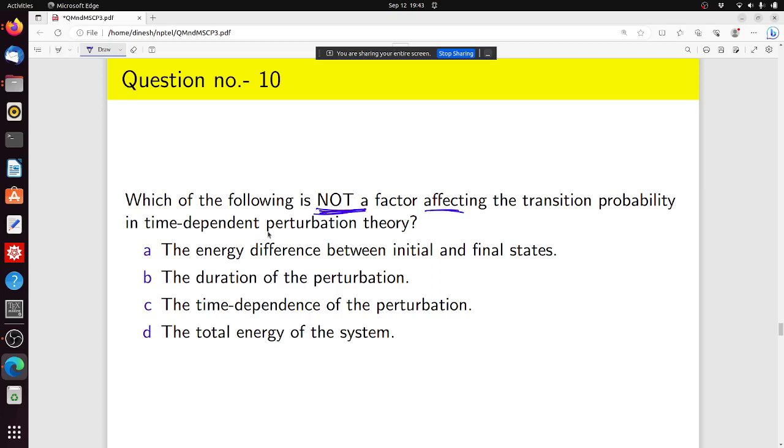Option D, total energy of the system, right? Yeah, you're right. Maybe next week you might study about slow perturbation and long duration perturbation. B also depends on time. So the correct answer will be D. It does not depend on the total energy of the system. Okay, good.